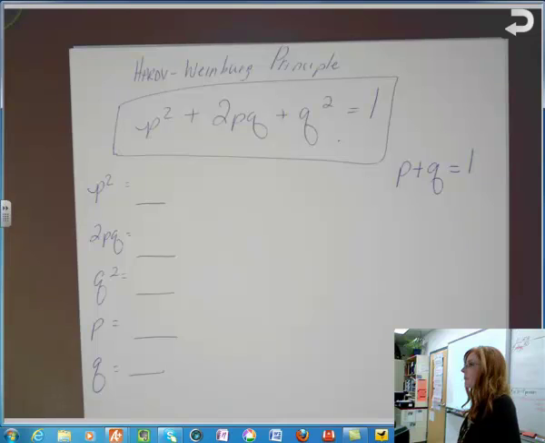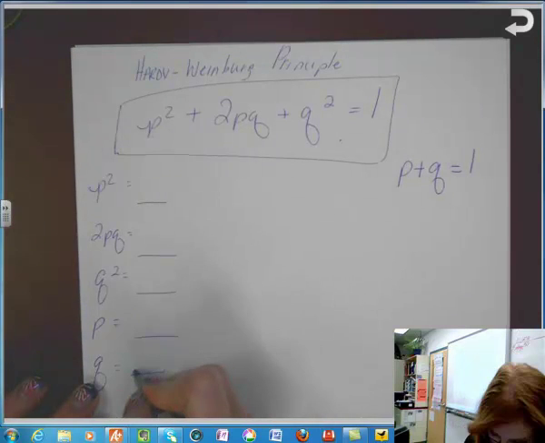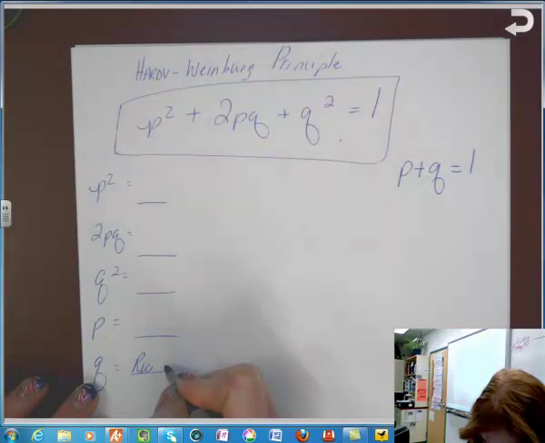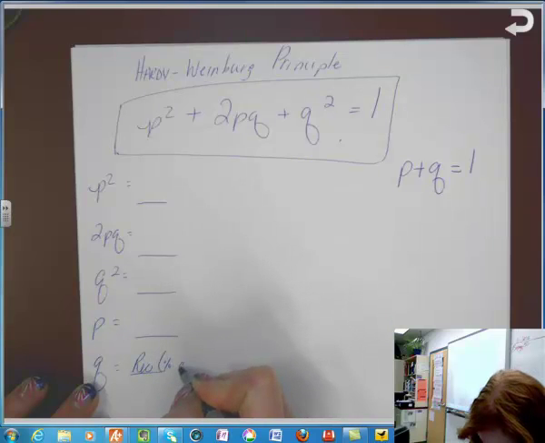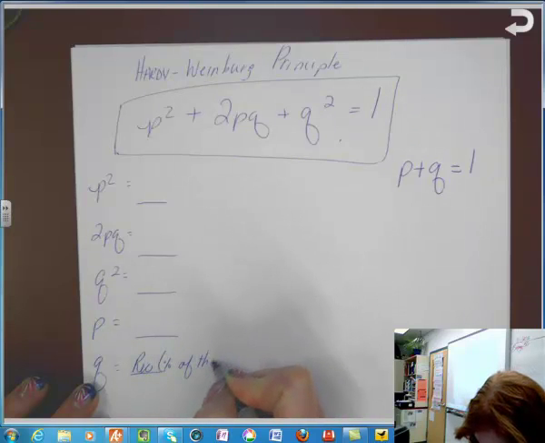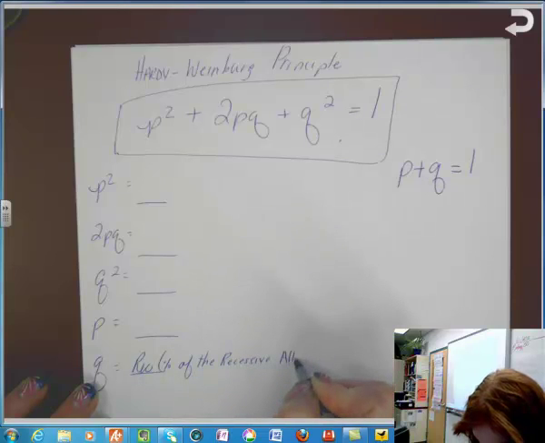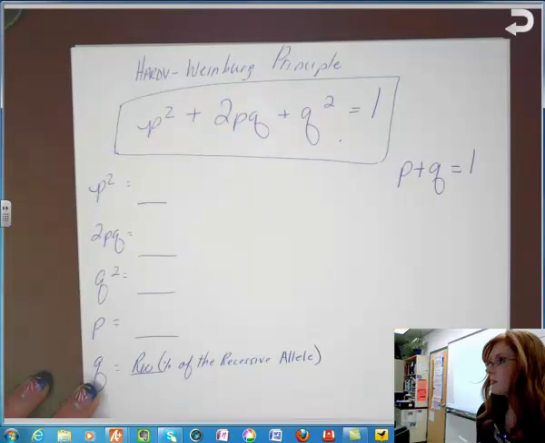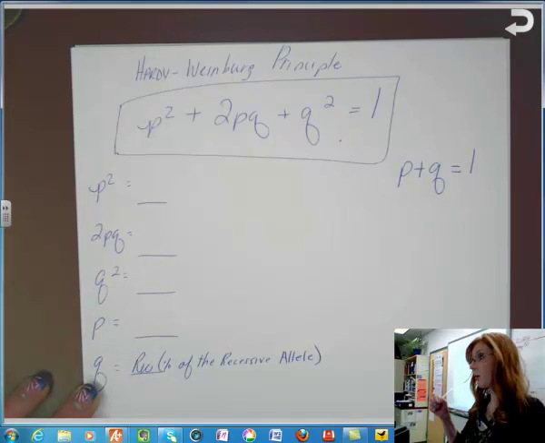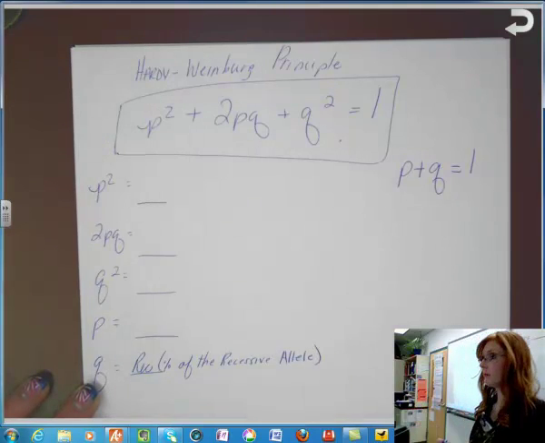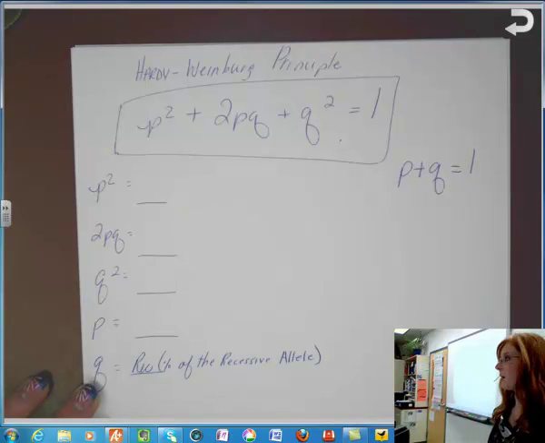Q. Correct. So q means recessive, and this is going to be the percent of the recessive allele. So essentially, how many people have a lowercase letter in their genotype out of the entire population?